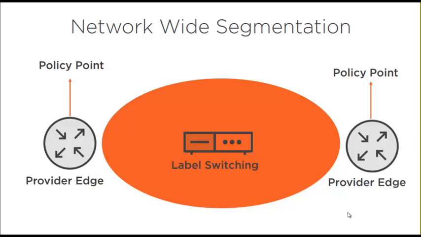So now what we can do is we can provide the VRFs to different business units. We can logically divide based on the business units. And that you do only on the PE router. You don't need to do it on every single router.